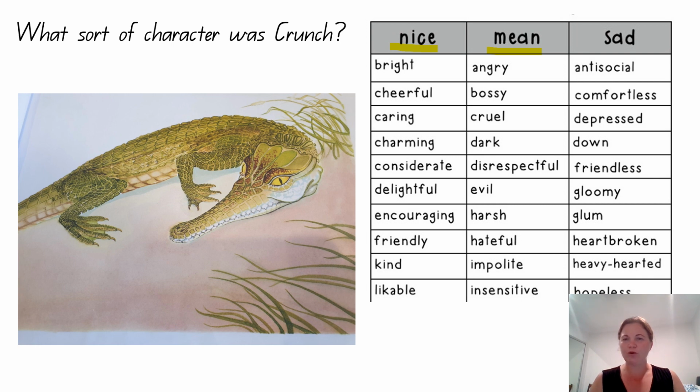There's lots of different words there that mean mean, like angry and bossy and cruel. Do you think we could use these words to describe Crunch in our story? The last column has the word sad, antisocial, depressed or down. I wonder if that describes Crunch in this story.